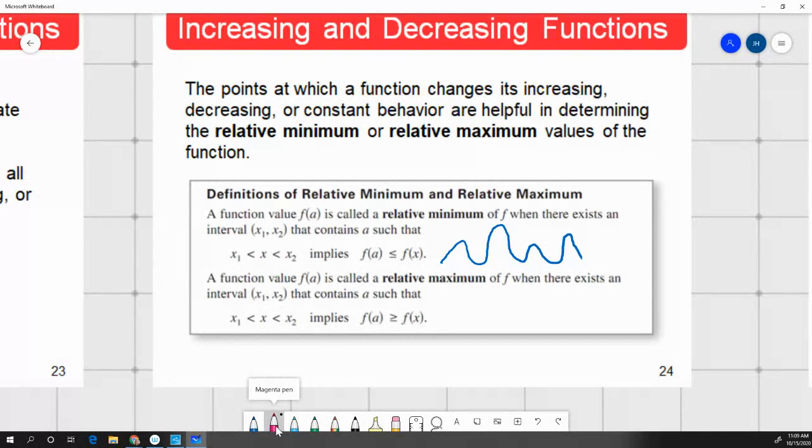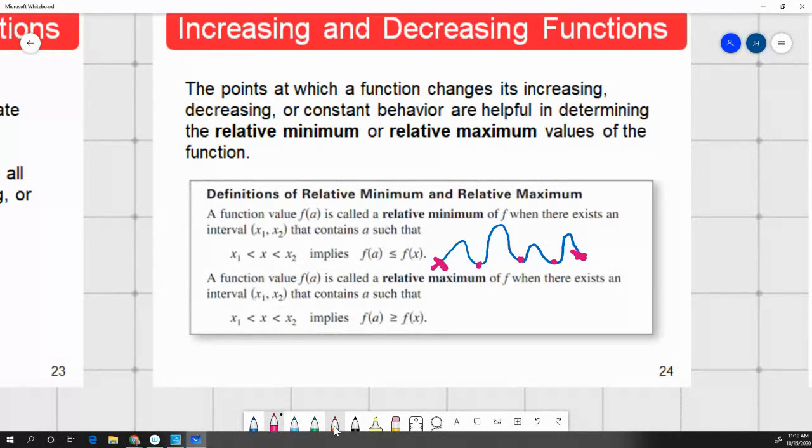So in this case, I would have a minimum here, and a minimum here, and a minimum here. These would not be mins, because there is no change in direction here. But here we're going from decreasing to increasing, and those would be our relative mins.